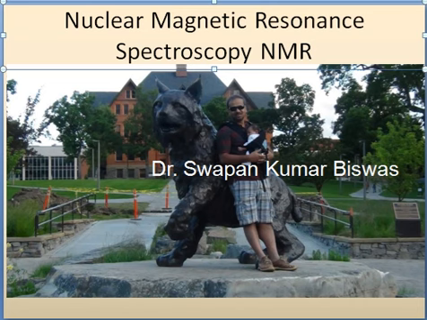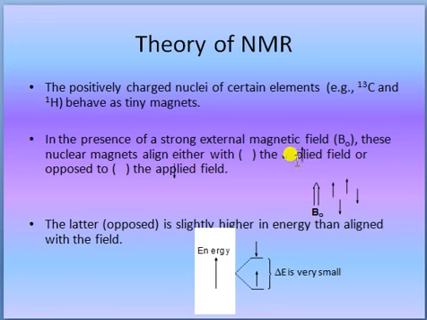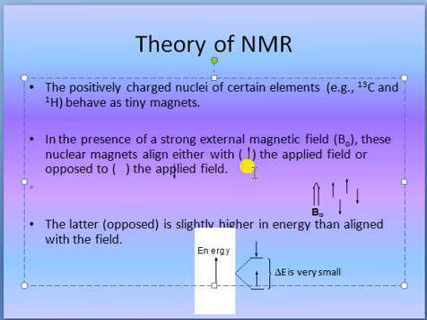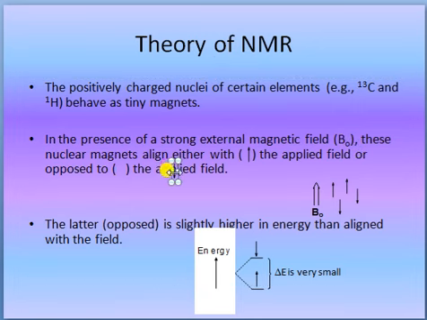If your B0 is on the top, in the above direction like this, then this is aligned with the field, and this is opposed to the applied field. These are the only two conditions in which they can be stable.